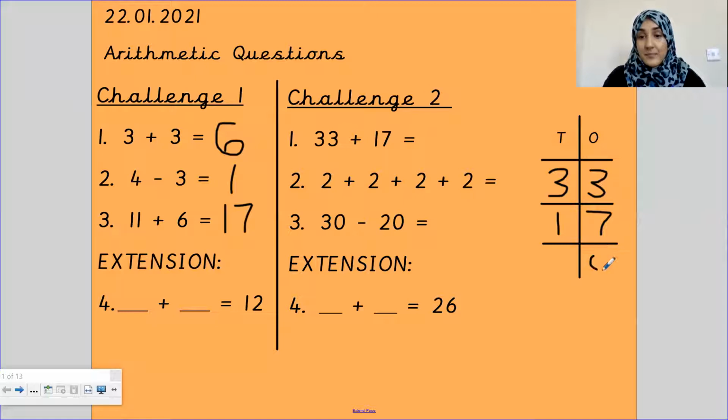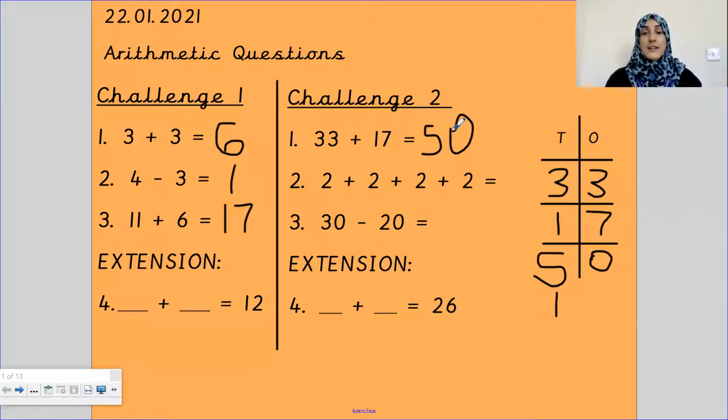I'm going to exchange, because I can't have more than 9 ones in the ones column when I'm doing addition. And I'm going to add all of my 10s together. 3, add 1 more is 4, add 1 more is 5. Fantastic. So 33 add 17 equals 50.